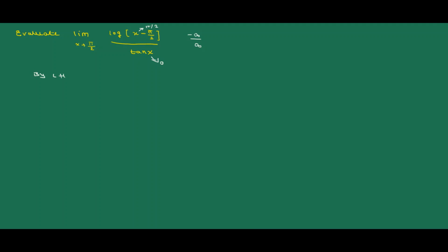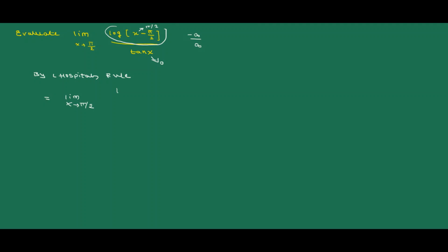By L'Hospital's rule, you have to differentiate numerator and denominator separately. Limit x tends to pi by 2. What is differentiation of logarithm of x minus pi by 2?